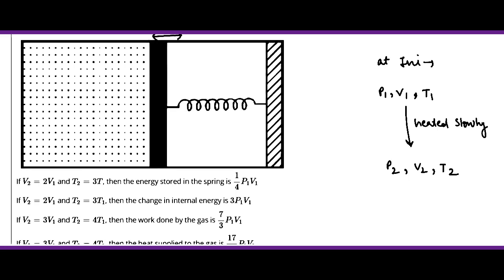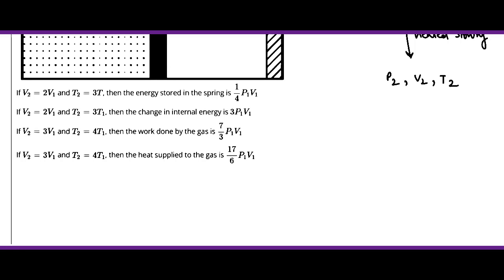Now from the ideal gas equation I can say that P1V1 upon T1 equals P2V2 upon T2, because my ideal gas equation is PV equals nRT. n is constant, R is constant, so I can write it for the initial condition and the final condition.